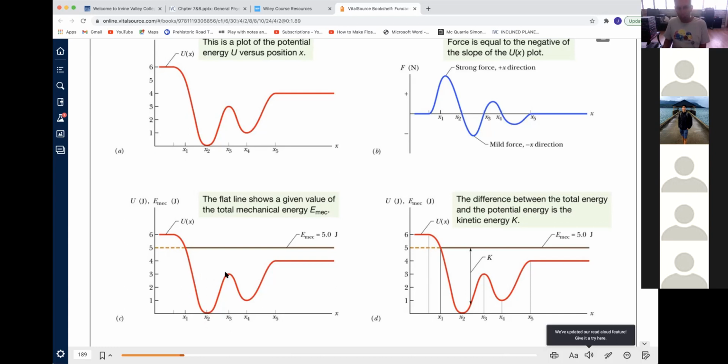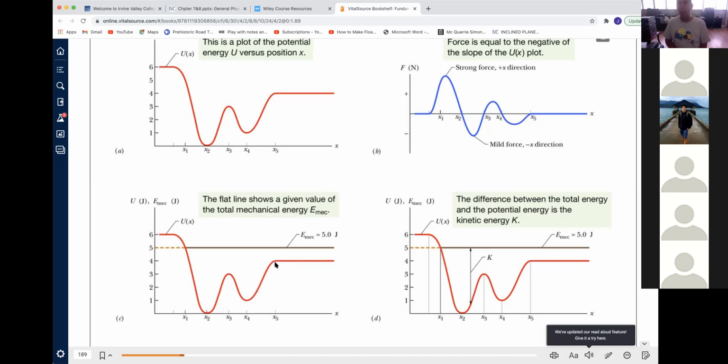If it had 3 joules of total energy, it could get to x3 right at the top. Let's say it had 3.1. It could actually go back and forth between the point where the potential energy is 3.1 joules on one side to where the potential energy is 3.1 joules on the other. It can go back and forth between those 2 points, constantly exchanging potential energy and kinetic energy for each other. But it couldn't get out.